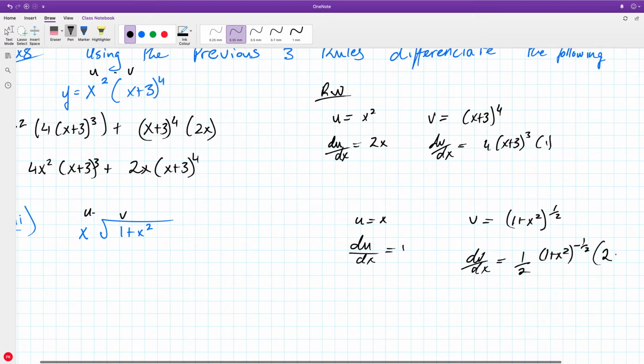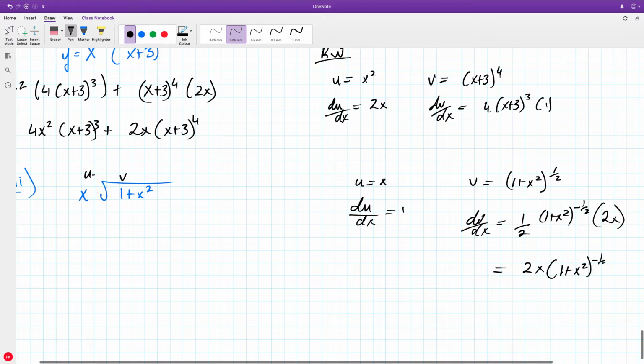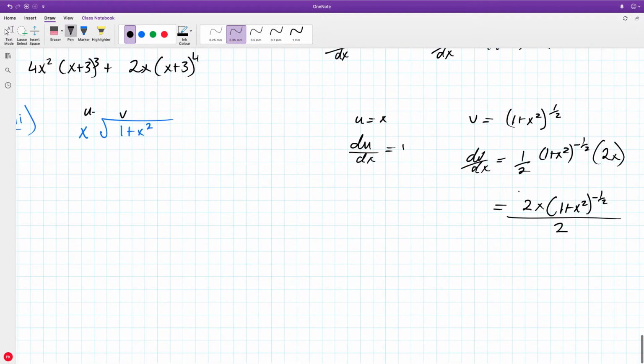Differentiate x squared and you get 2x. So that is equal to 2x times x plus 1 plus x squared to the power minus a half over 2.